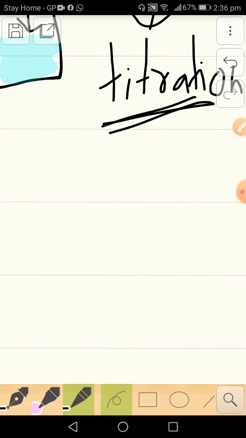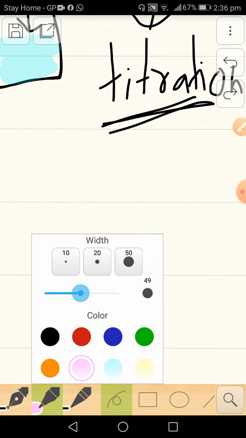Titration is a very good method to indicate how much of the soluble reactants is required for reacting completely with each other. Let me give you an idea. Suppose I am taking two liquids.